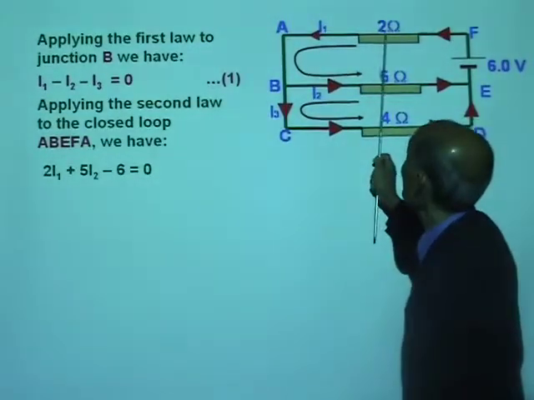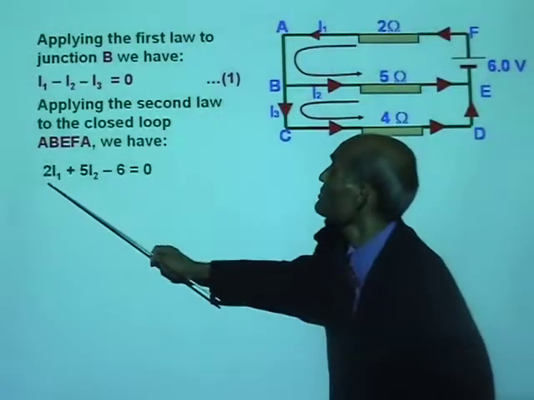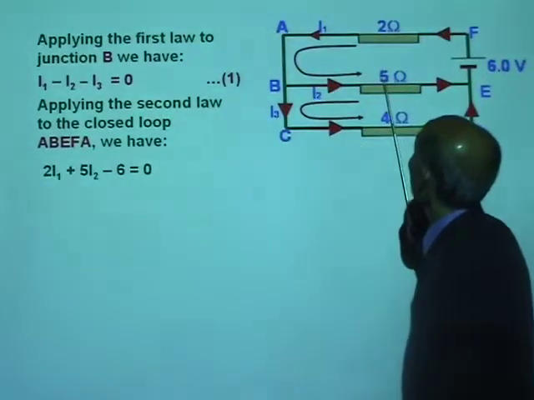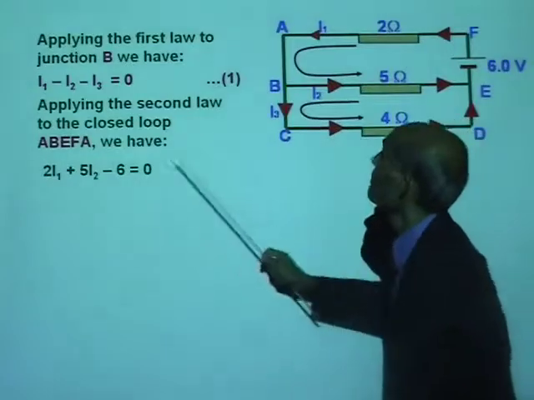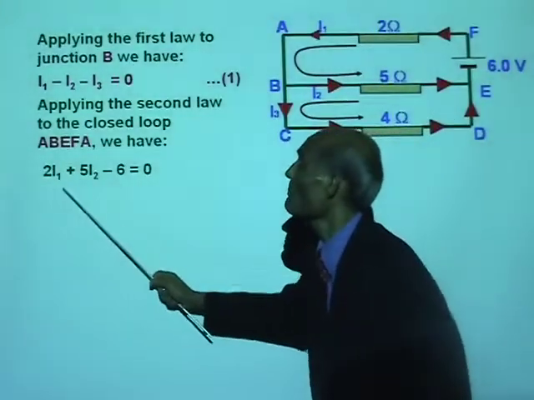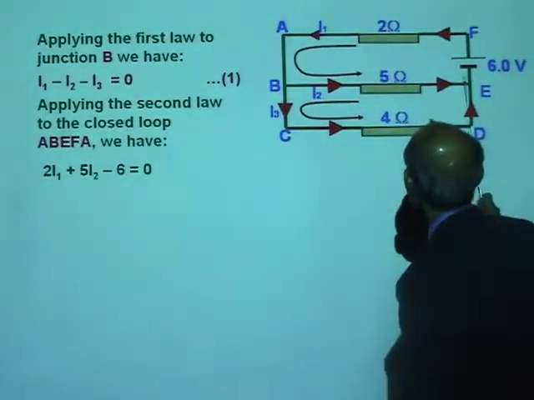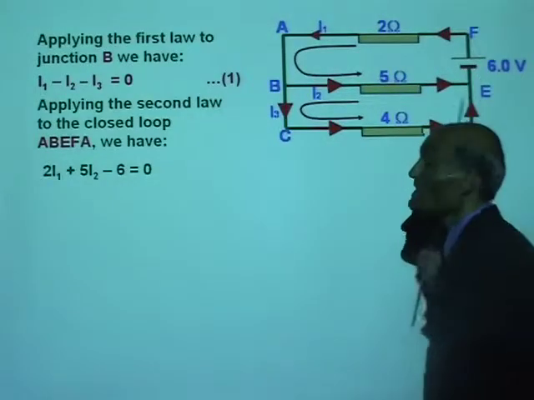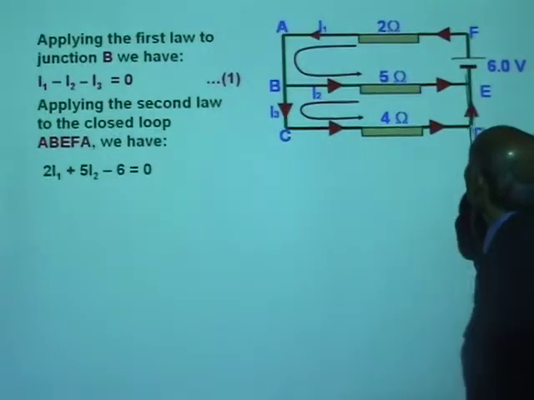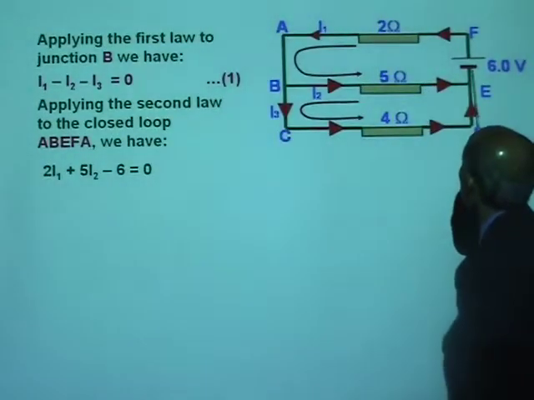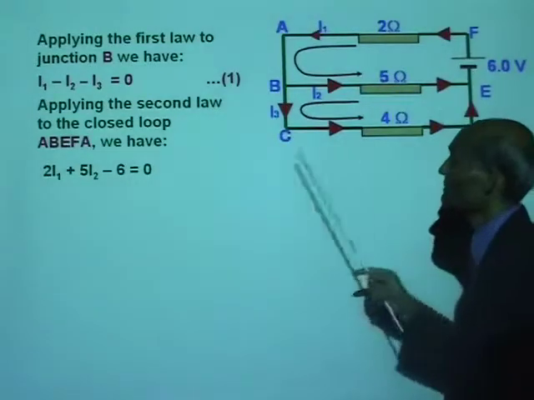The potential drop across the cell is negative because the loop is traced out from negative to positive.